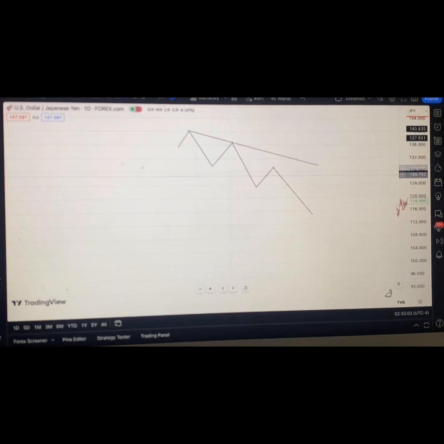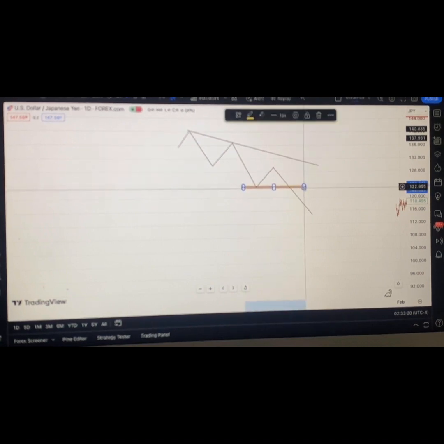So this is a downward trend line. If I was to be in a market like this, I wait for price to break this line. Once it breaks this line, I sell and I'll take my profit somewhere here.